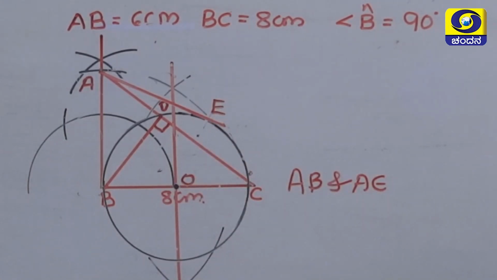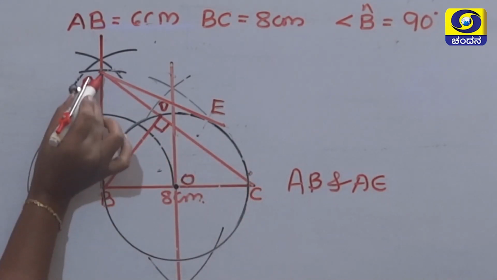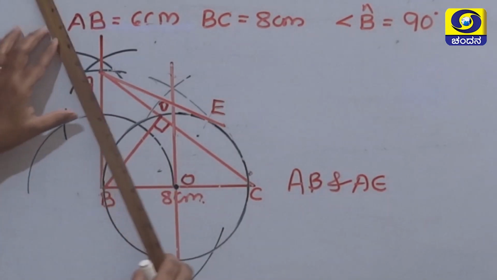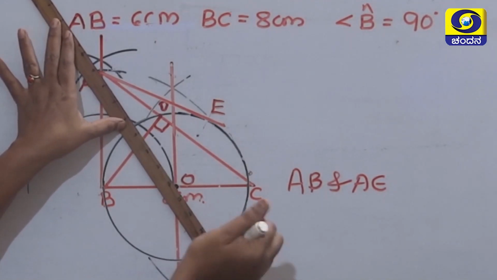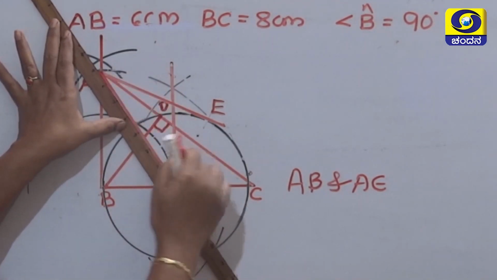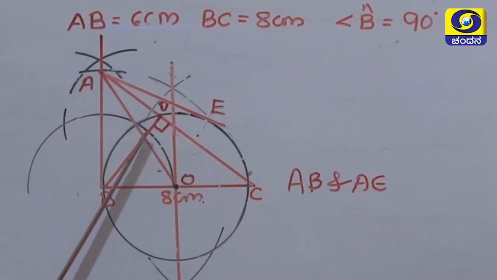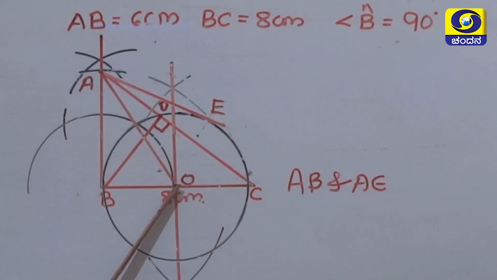Another way to draw a tangent from point A to this circle is join this point A to center. Take midpoint of this line segment AO, mark the midpoint, keeping the compass needle at midpoint, taking the distance between midpoint and center, mark arcs on the circle and join them as we did in previous examples, but that is little lengthy.